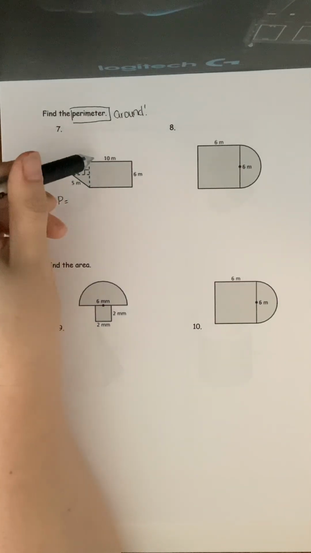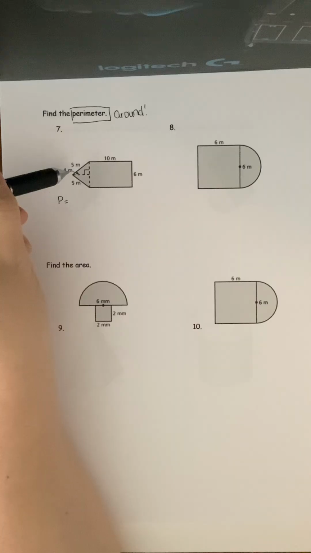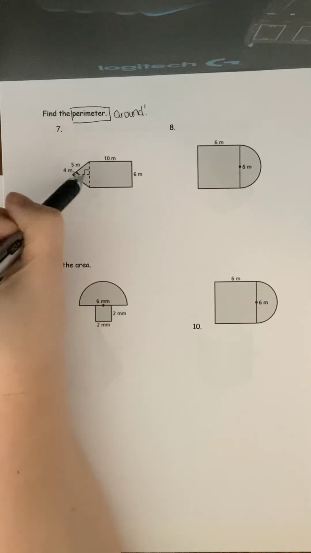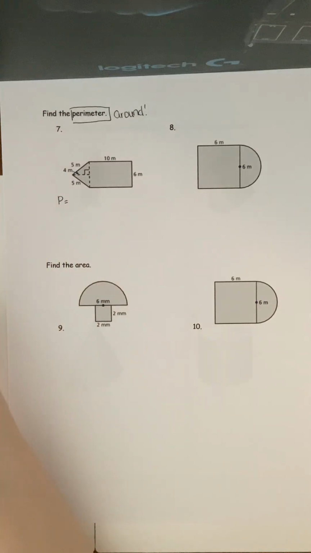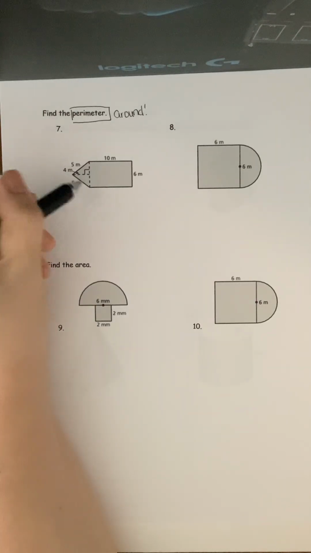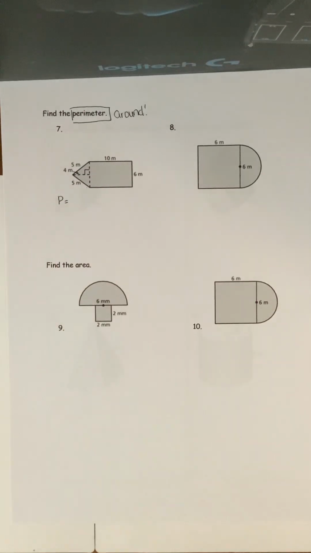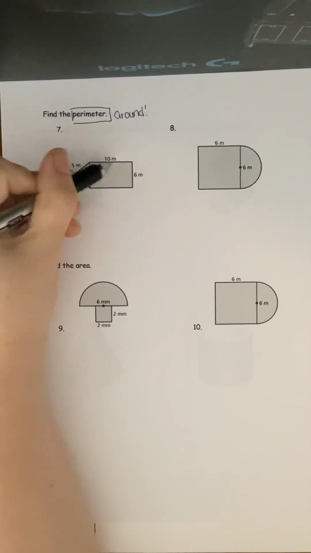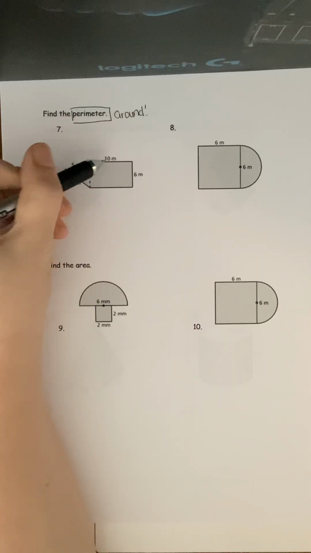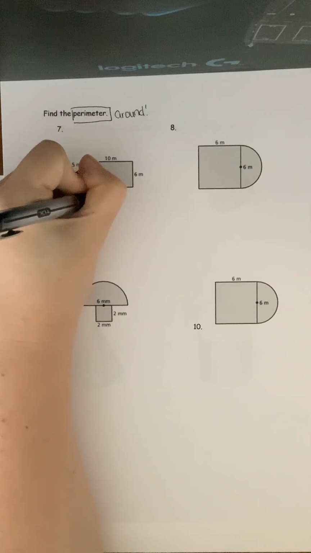Okay, so we have 10, 5, 4 going up in that triangle. It's not necessary for finding the perimeter because that's on the inside. 5, we don't have this side, and then 6. With this side down here, that's the only side we need to figure out. It's a rectangle right here, so the opposite side is going to be the same.